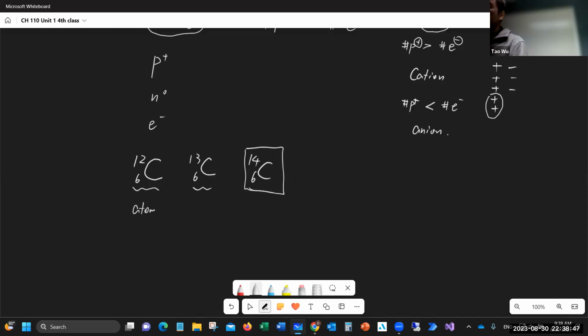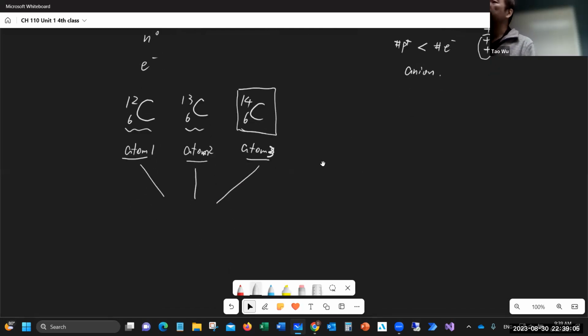You can think of this as atom 1, this is atom 2, and this is atom 3. So there are 3 kinds of atoms in a group, and this group is what we call the isotope. Remember, isotope is a special name for a group of atoms.